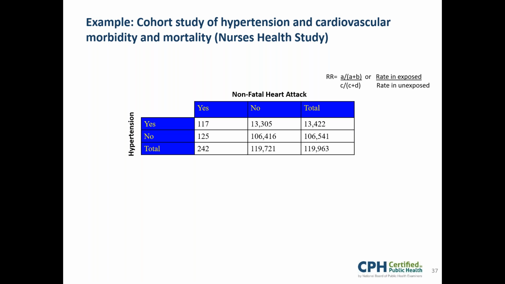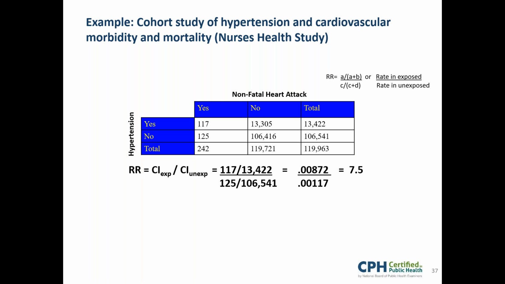Could you click one more time, Erin? Thanks. Okay, so calculating our RR, again, we're going to calculate the cumulative incidence in the exposed, and we're going to divide it by the cumulative incidence in the unexposed. So we're going to take that 117 from A and divide it by A plus B, which is that 13,422.